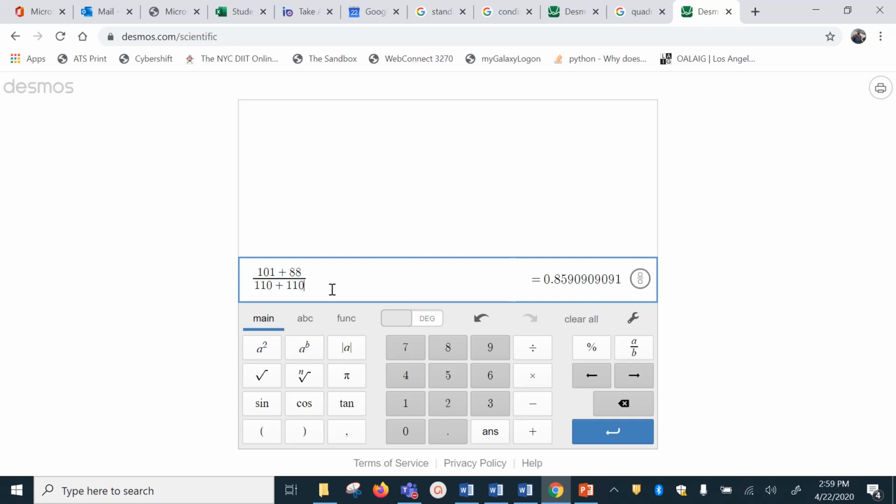Now let's do p1. P1 is 101, these are the people taking the drug. That's p1, 0.91. And now we got to do p2, which was 88, which is 0.8.